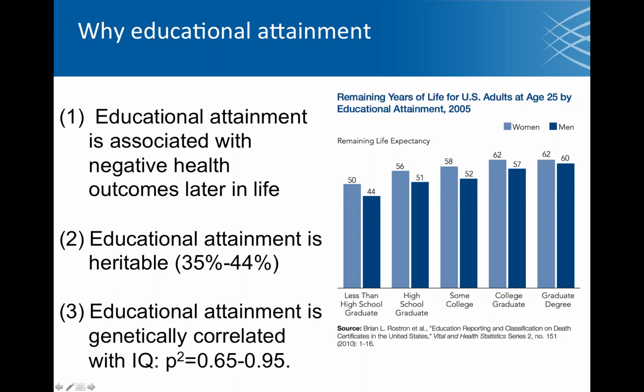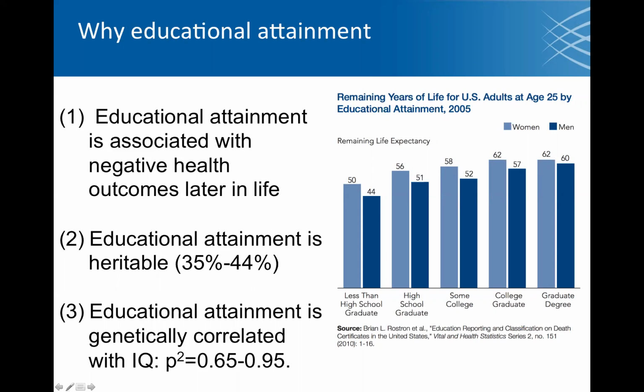The second point is that educational attainment is highly heritable, and so it's an interesting trait when we want to study the genetic determinants of educational attainment. And finally, educational attainment is highly genetically correlated with IQ.